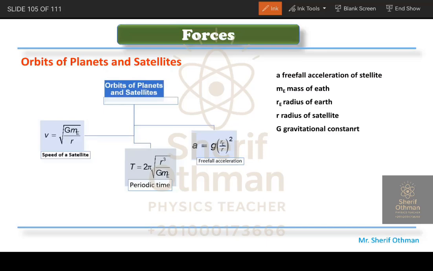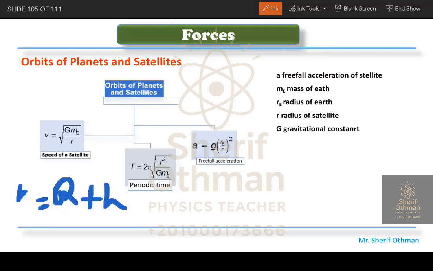So, if I'm talking about a satellite, the velocity of the satellite is equal to the square root of G Me over r. G is the gravitational constant. Me is the mass of the Earth, the object at the center. r is the distance between the centers of the satellite and the Earth, which is equal to the radius of Earth plus the height of the satellite.